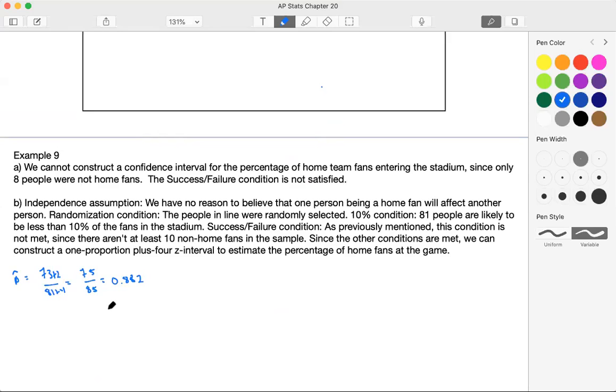If I was to construct this by hand, it would be p tilde plus or minus z star times the square root of p tilde q tilde over n tilde.